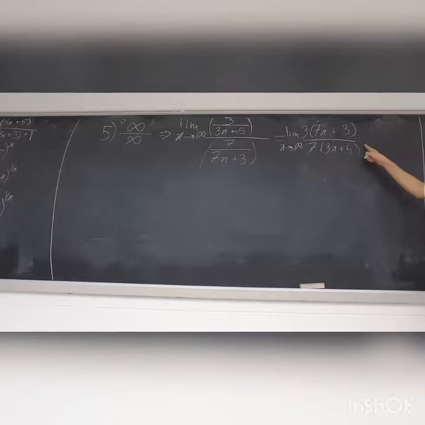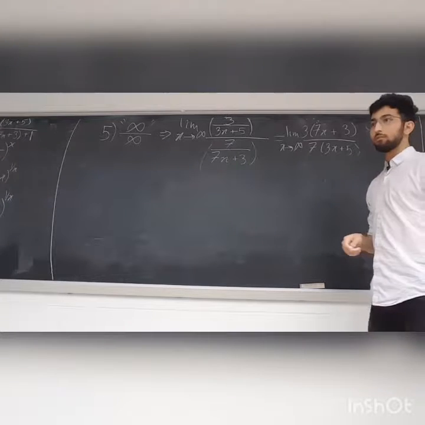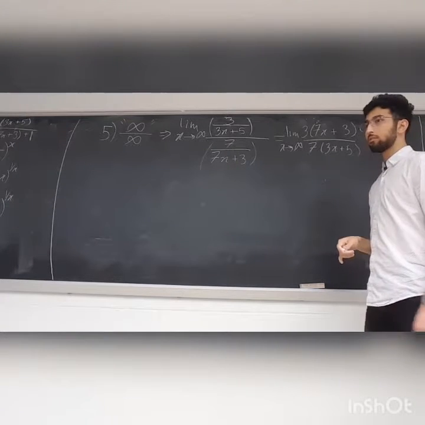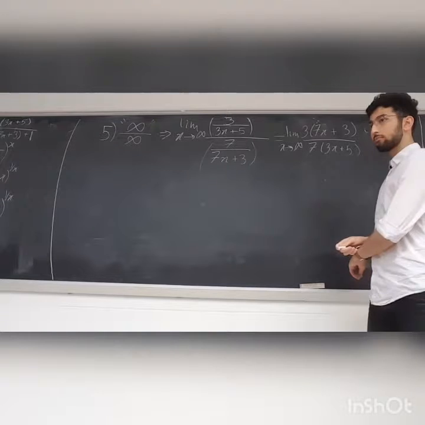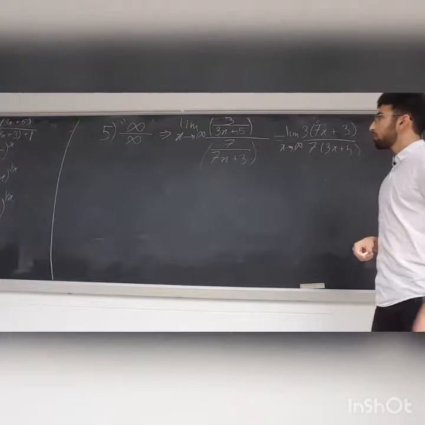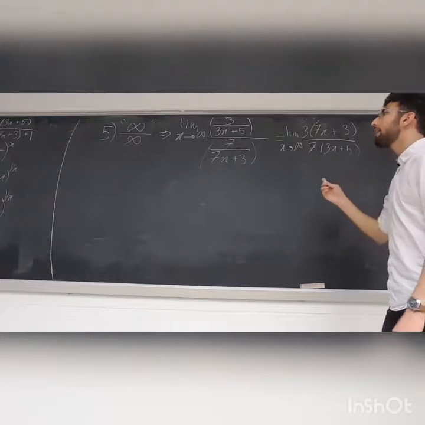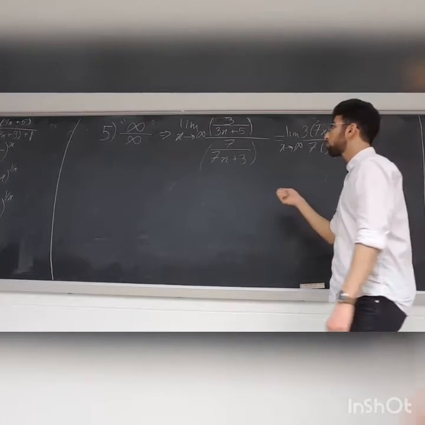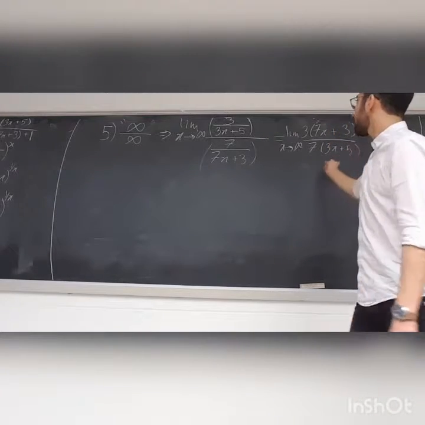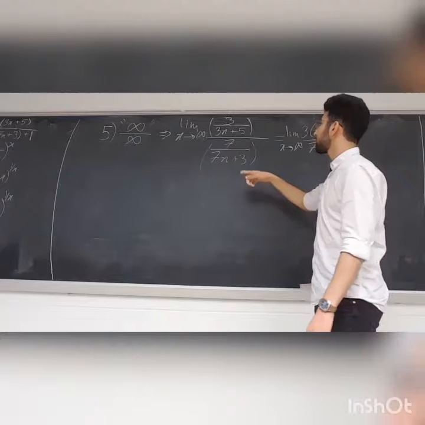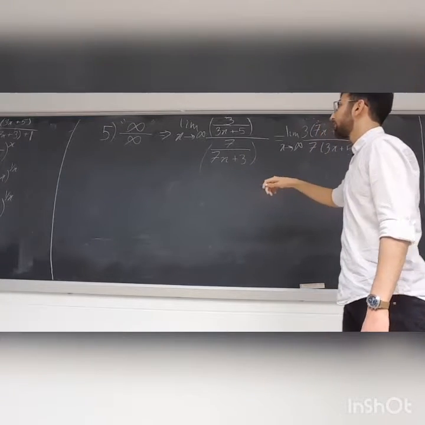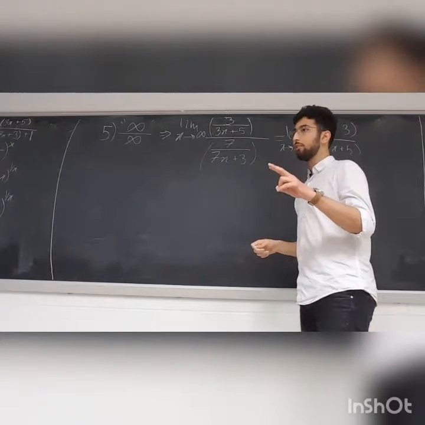Do you get how we got there? Basically you just multiply the top and the bottom. Not really. That's totally fine. So what I like to do is find the common denominator.